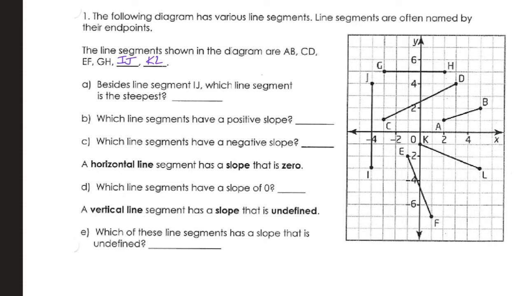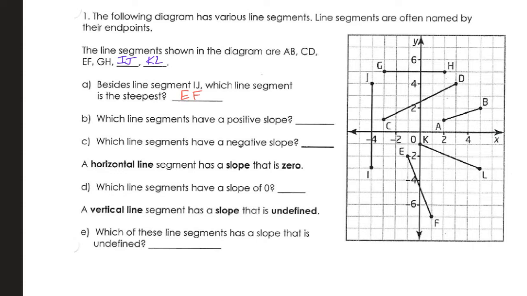So, besides line segment IJ, which line segment is the steepest? And hopefully we selected line segment EF. For question B, which line segments have a positive slope? Well, we know positive slopes and negative slopes are all determined by moving left to right.